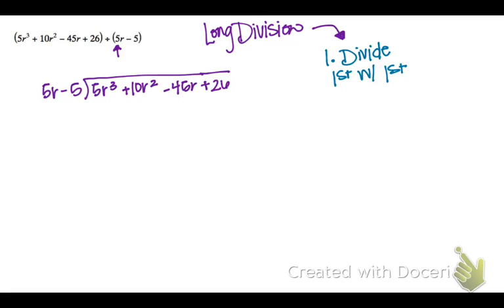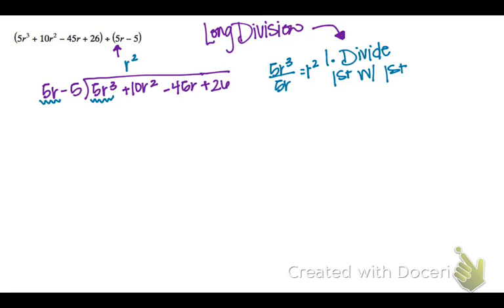And I would write this out to the side so that you don't get all jumbled in here. So we can divide this with this right here. So if we do 5r cubed divided by 5r, well, the 5's cancel and I'm just left with an r squared. So I'm going to put that up on top of wherever the r squared was.